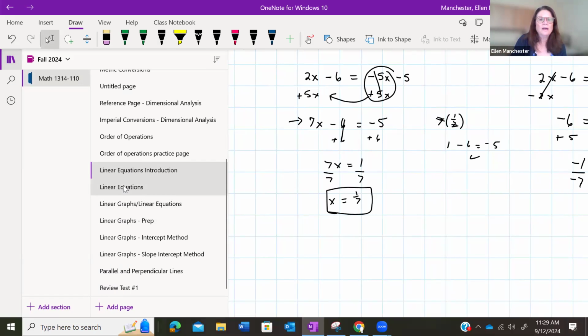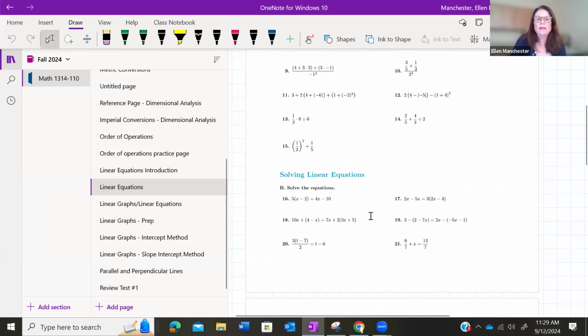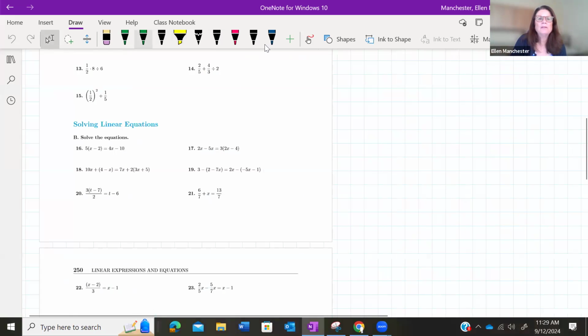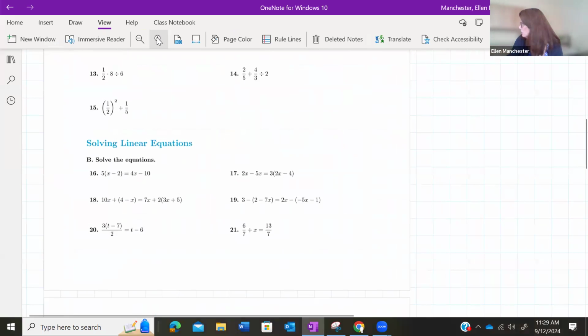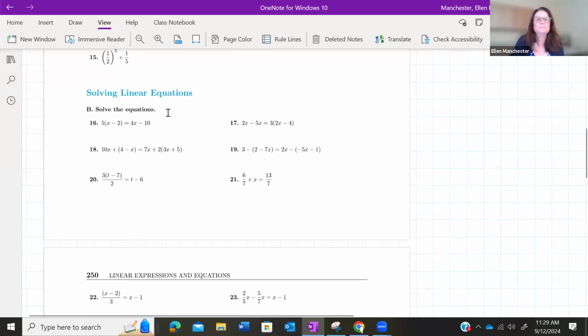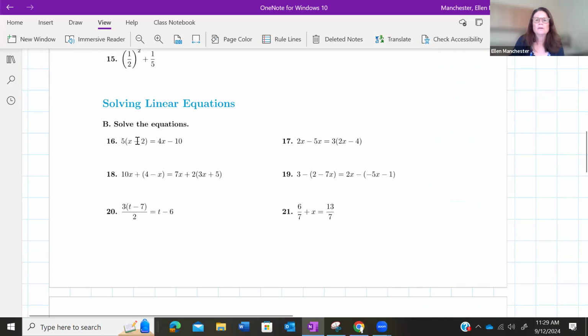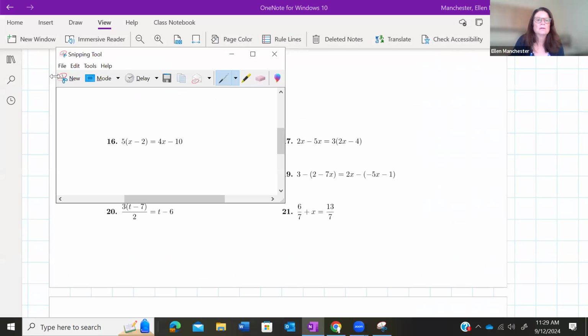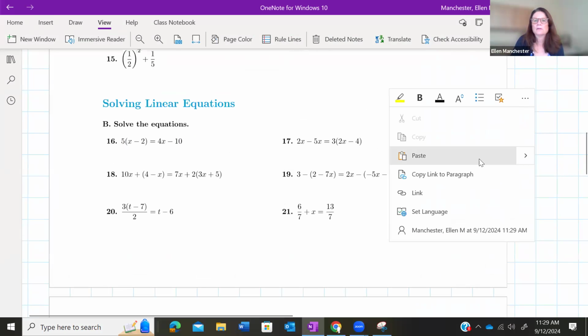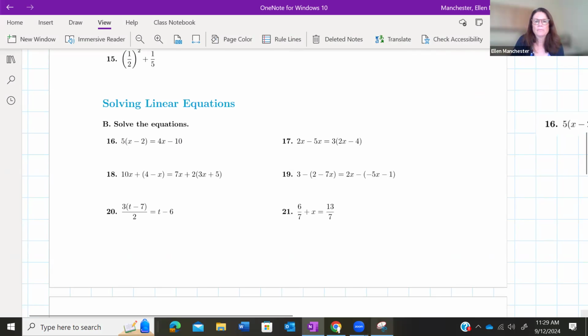This is what I was a little bit worried about, is they go right to, let me make these bigger. So this is page 249. This is at the bottom of the order of operations page, and then it goes to 250. Okay, so let me just so I have more room.